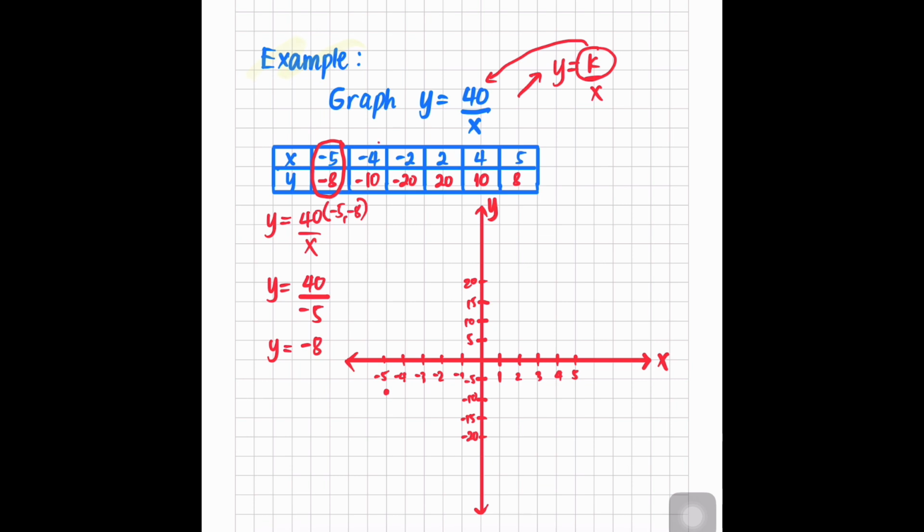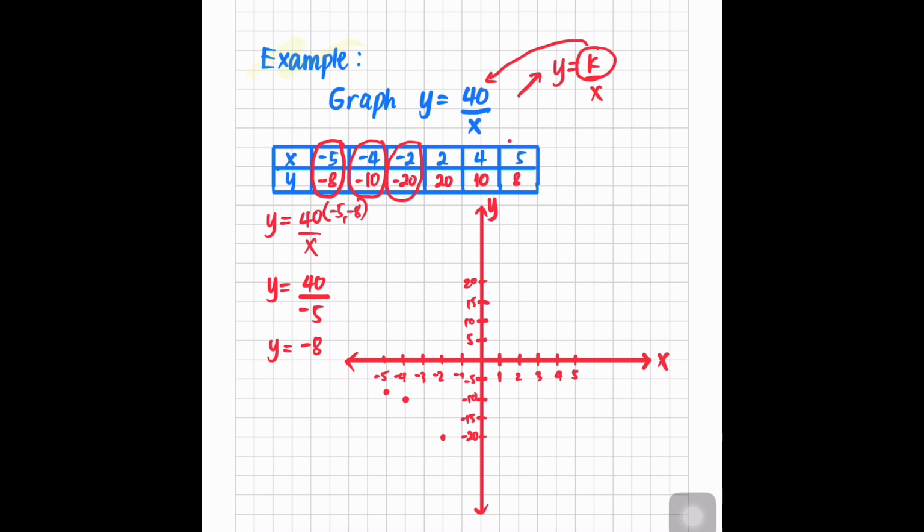Then next we have negative 4, negative 10, which is here. So next is negative 2, negative 20. The point is somewhere here.